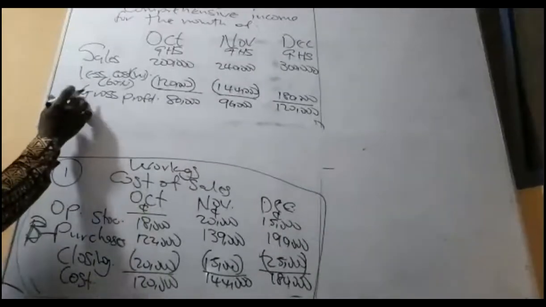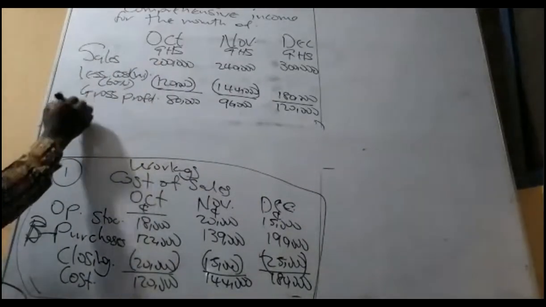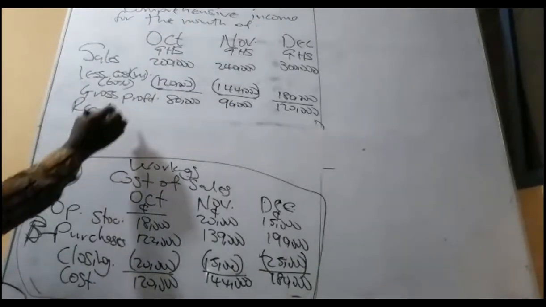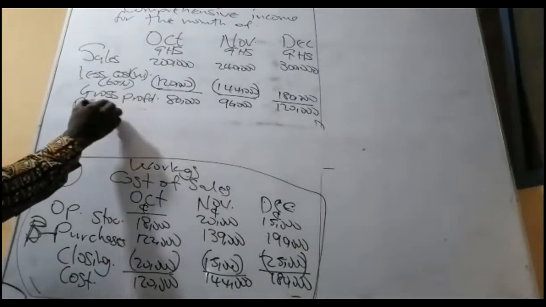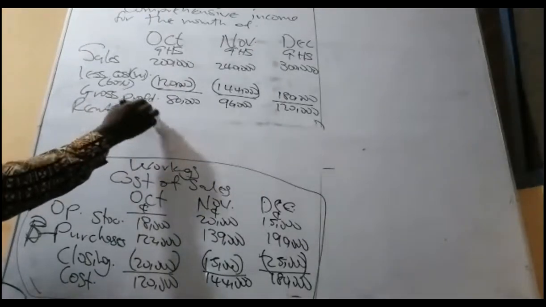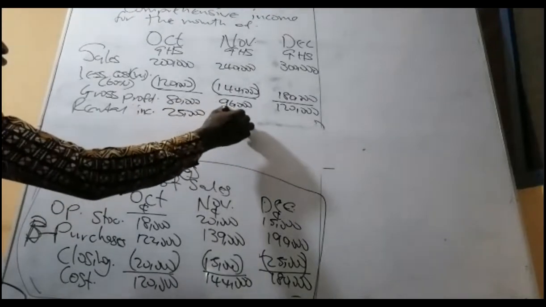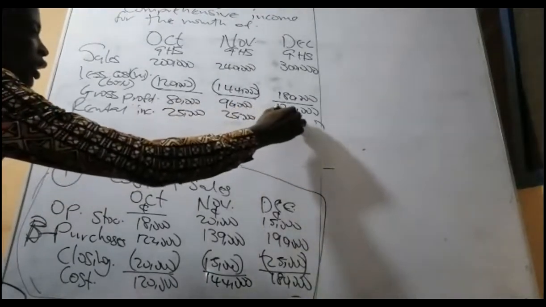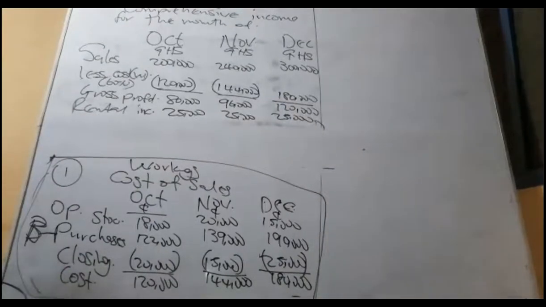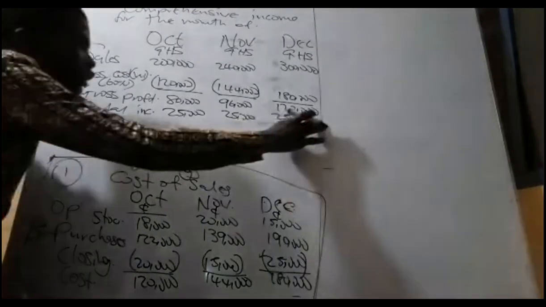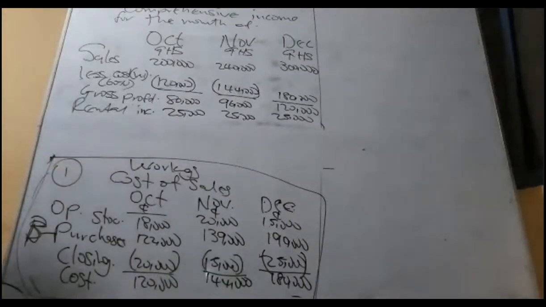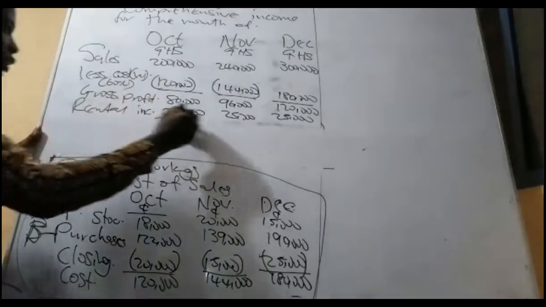So you write here other income. That is the rent. We call it rent receivable or rental income. So let's call it rental income. I put 25,000 here, I put another 25,000 here, 25,000 here. Great. That is the rental income. Okay, then you continue. First, we'll add this together.